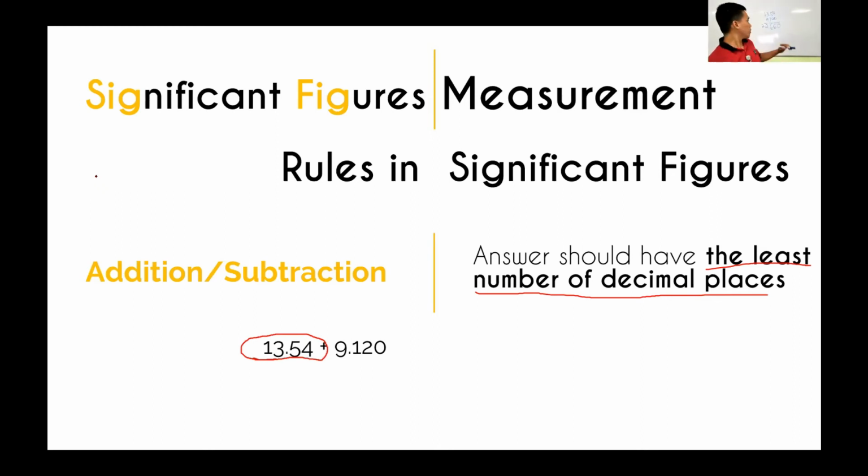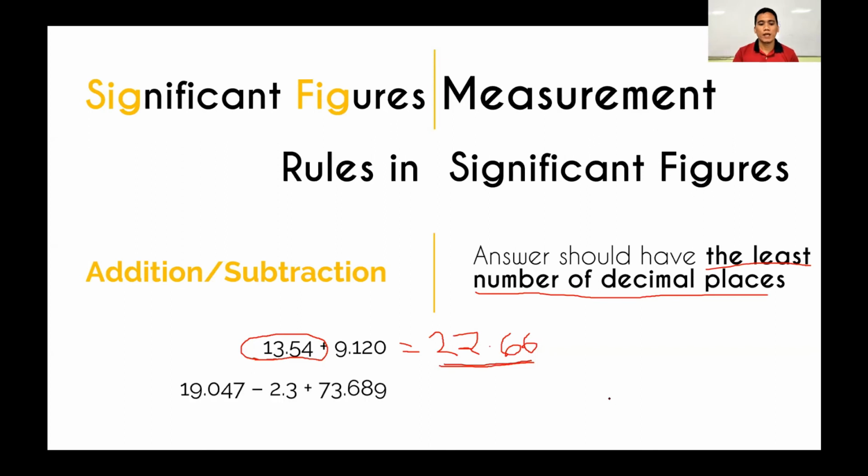So from 22.660, the final answer, if we follow the rule, is converted to 2 decimal places, which is 22.66, and that is your final answer, because we must follow the rule that the answer should have the least number of decimal places.